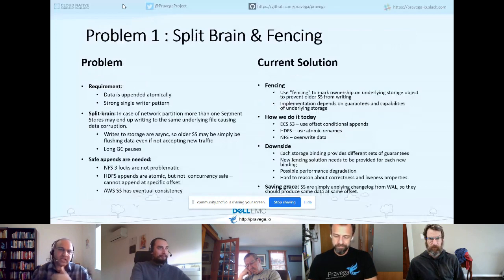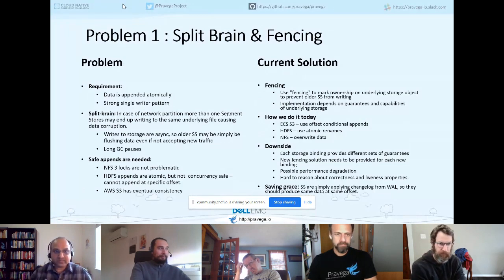So I'll quickly skip through these problems, and then we'll come back to what SLTS is, how it solves those problems, and so on and so forth. But let's first quickly go through a couple of problems. So problem number one is split brain and fencing. The requirement is data is appended atomically, and we have a strong single writer pattern.